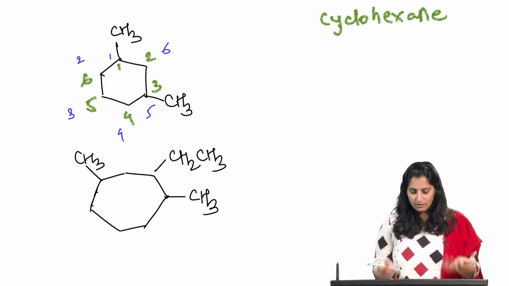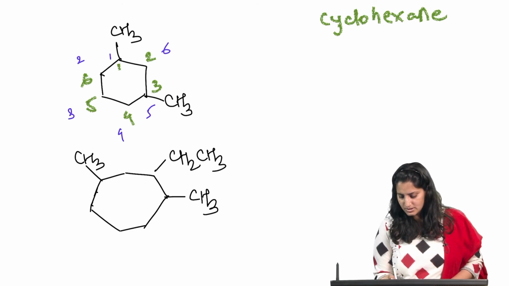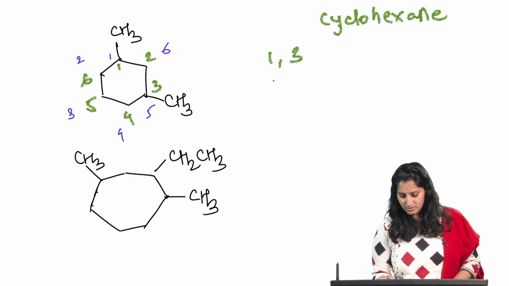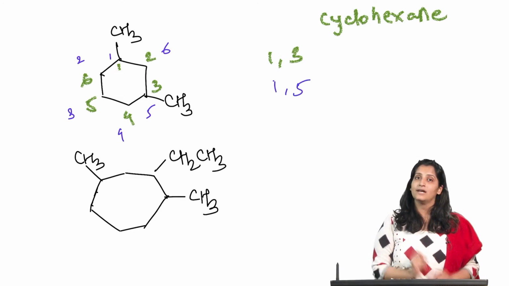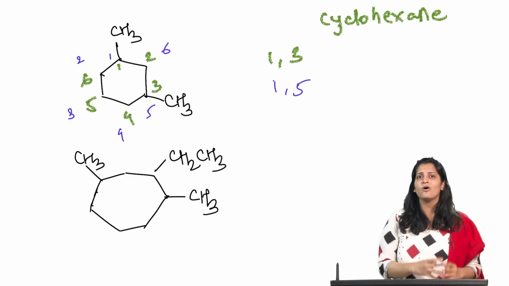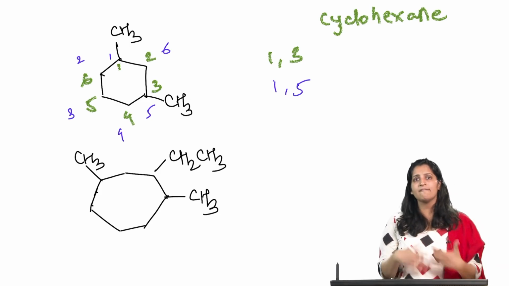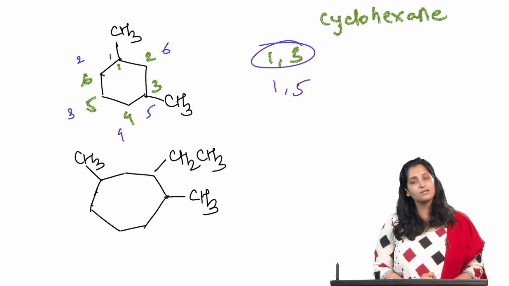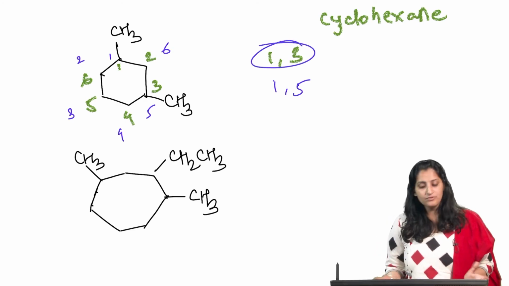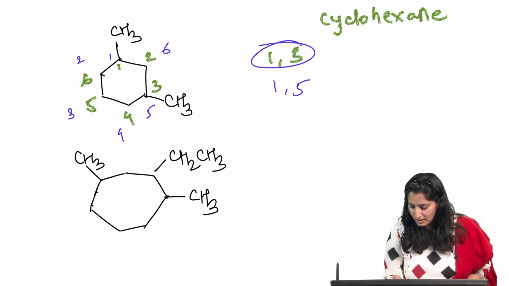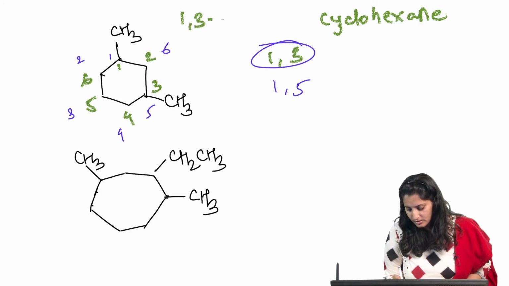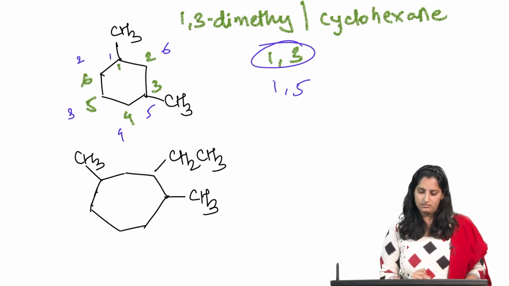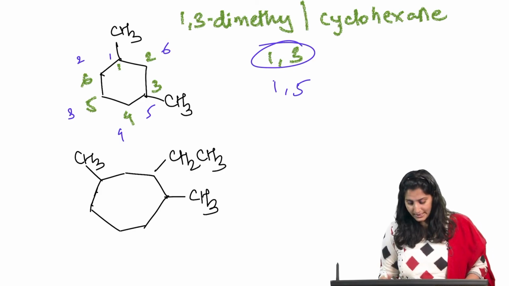If I use the green way of naming, I can have substituents at 1, 3. If I use the blue way of naming, I can have substituents at 1, 5, right. So, obviously, we do not want 1, 5 because I can have the same name with a lower possible number associated with it. So, the 1, 3 will be better, and the name of this particular cyclohexane will be 1,3-dimethylcyclohexane. Okay. Now, let us go to the next example.